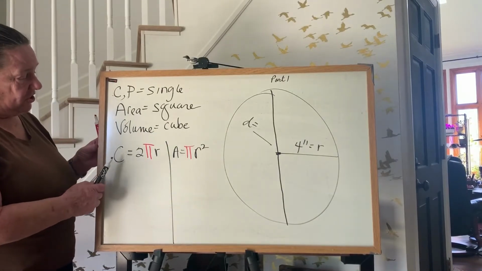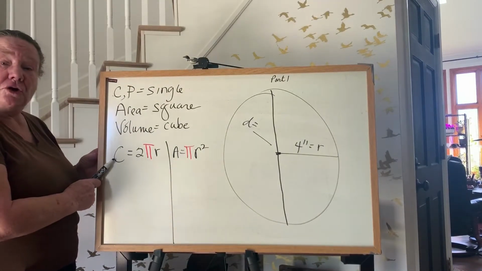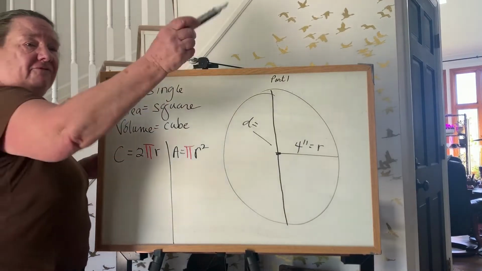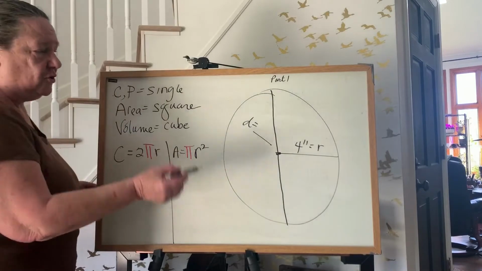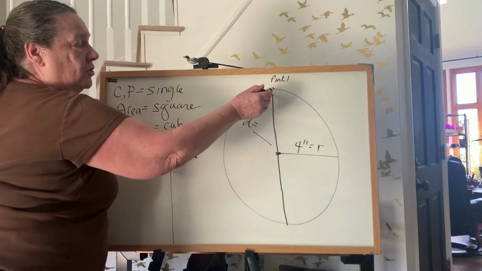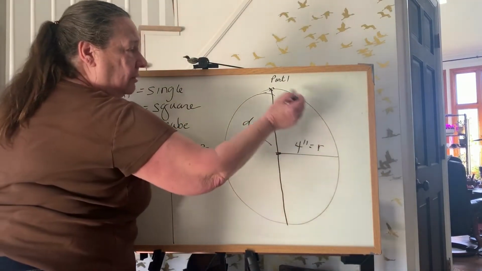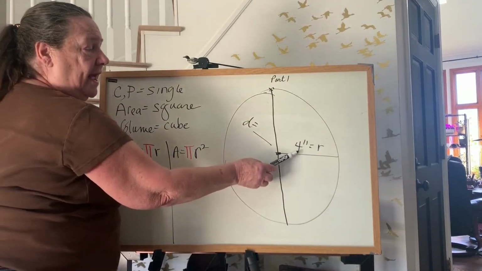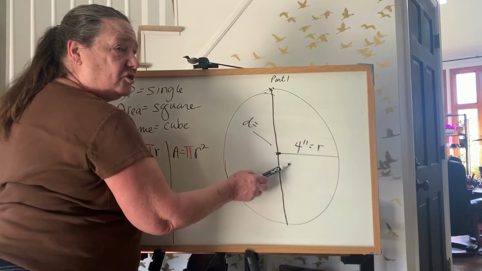Okay, so for instance, the circumference is 2 pi r. The circumference is the distance around the circle. Like from here, you're walking in a circle, okay? Now I've noted that this particular circle has a radius of 4 inches.